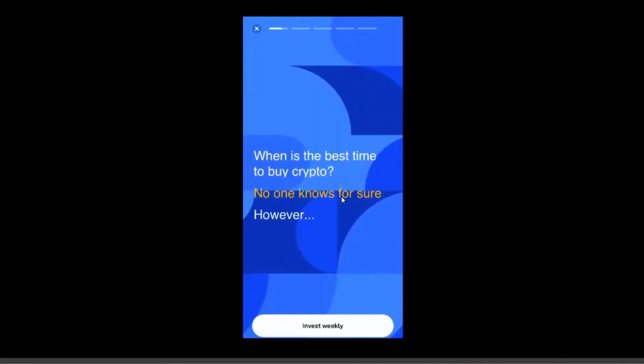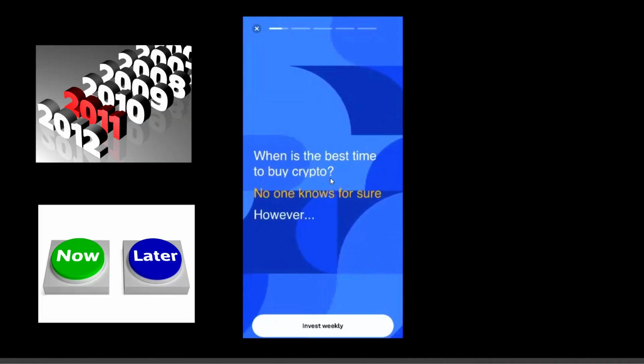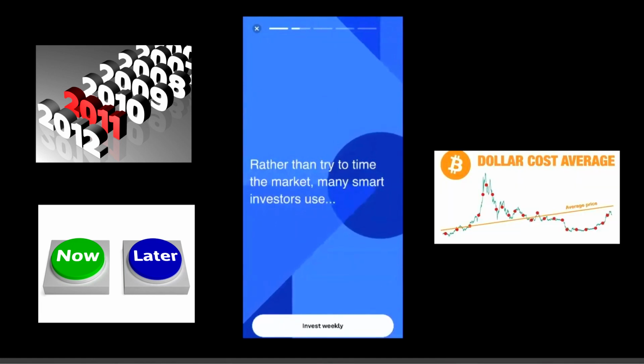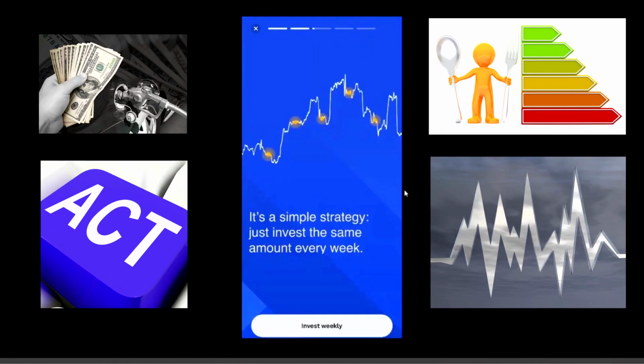When we go into Coinbase, Coinbase even has a dollar cost averaging strategy. When is the best time to buy crypto? No one knows for sure. However, rather than trying to time the market, many smart investors use dollar cost averaging. It is a simple strategy, just invest the same amount every week.